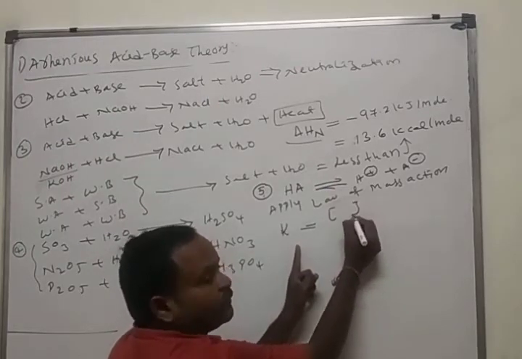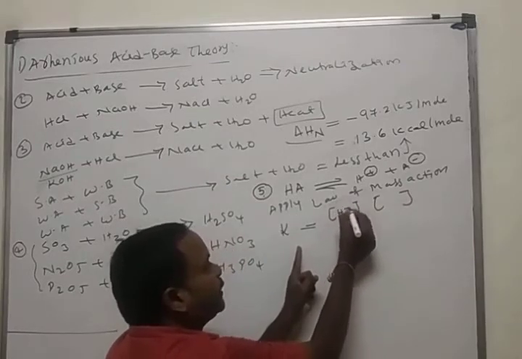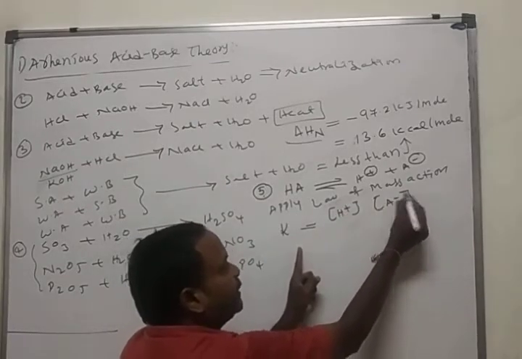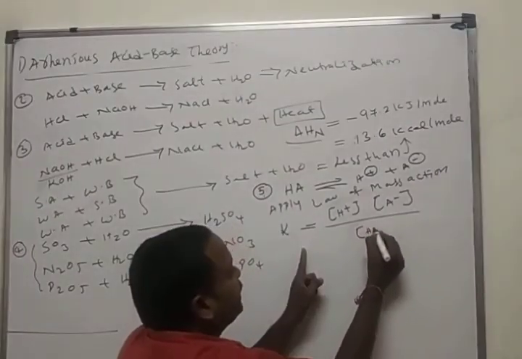Concentration is indicated with a square bracket. The concentration of products means the concentration of H plus ion times the concentration of A minus ion, divided by the concentration of HA.